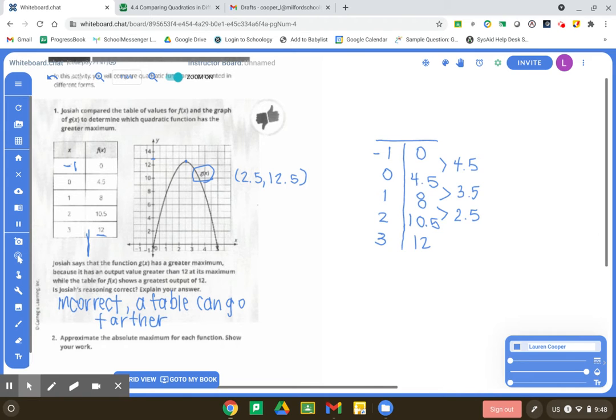And then 12 minus 10.5 gives us 1.5. So those are our first differences. And then our second difference, this is what makes it quadratic, 3.5 minus 4.5. These are all going to be negative 1.